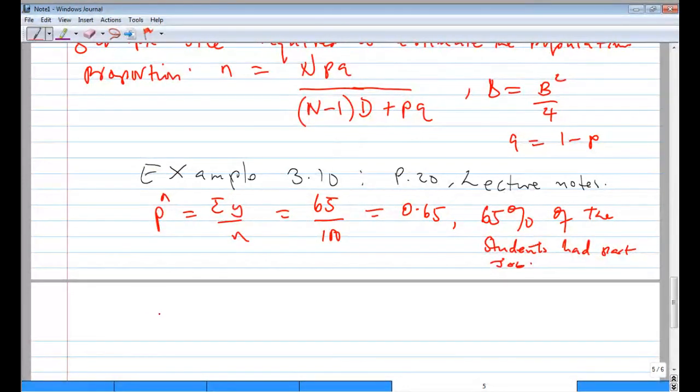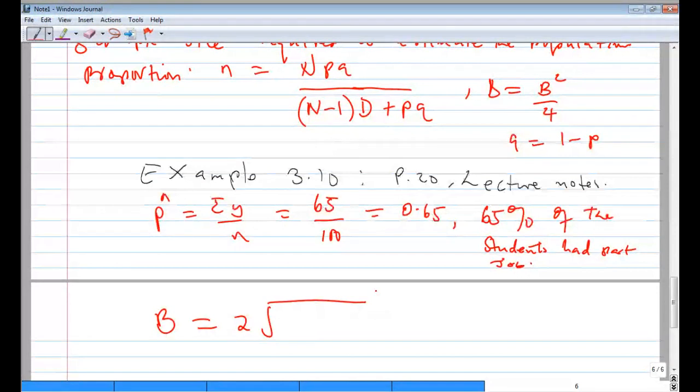So the formula is B equal to 2 times the square root of the estimated variance of p hat. So this is the bound that we are looking for. Can you calculate it for me?